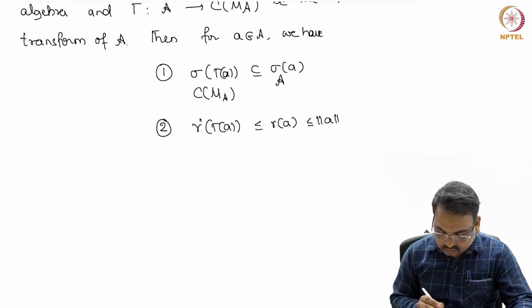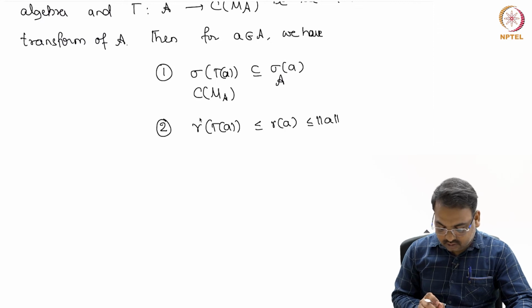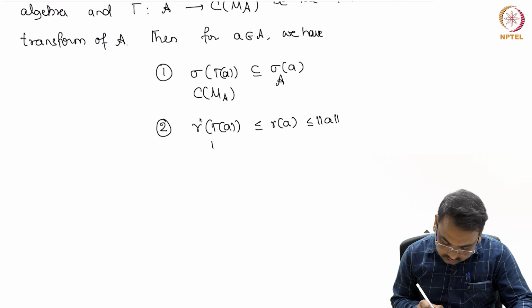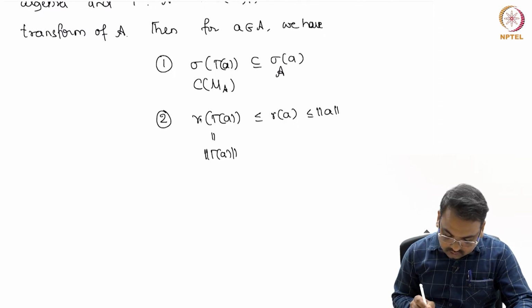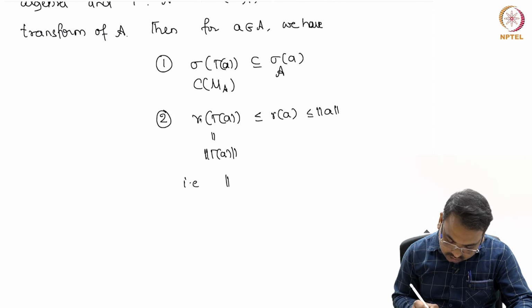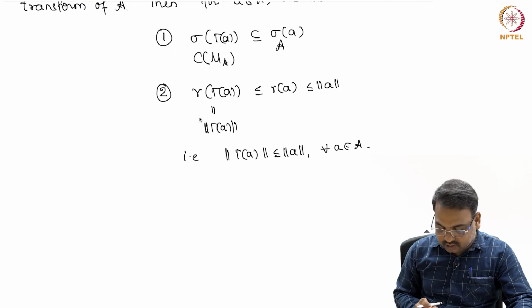Now gamma A is a continuous function. We have seen that for a continuous function, the spectral radius and norm are the same. So from this we can say that the norm of gamma A is less than or equal to the norm of A for every A in A. So that means we can conclude that gamma is a contraction.